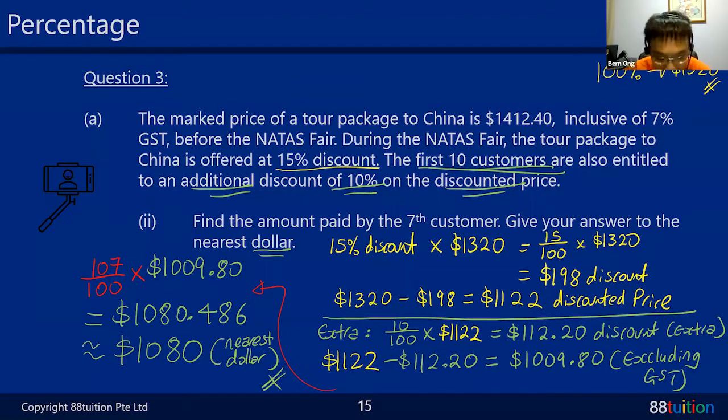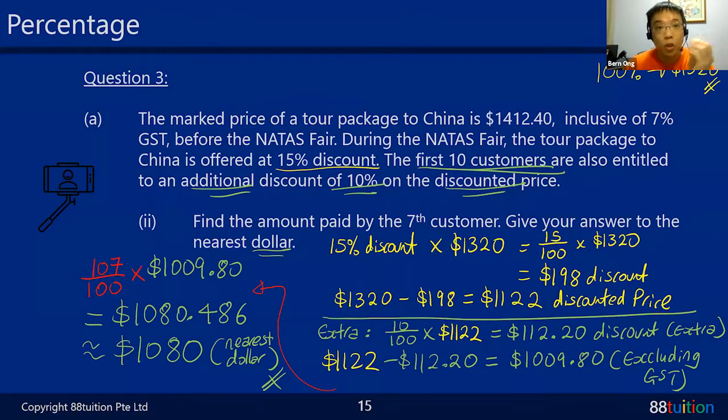Spider-Man said that he tried 1412 and 1320, and both had the same answer. Actually, I want you to have the correct thinking process, because GST is usually a one-time addition at the end of the day. For instance, if the question is set in a restaurant, with service charge or a discount, the GST is always at the end.